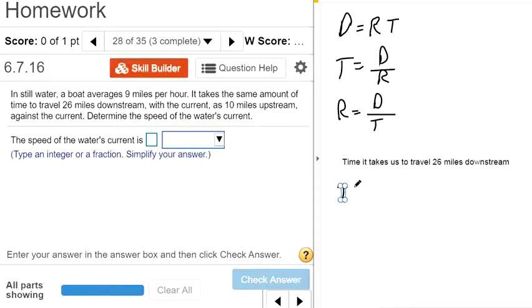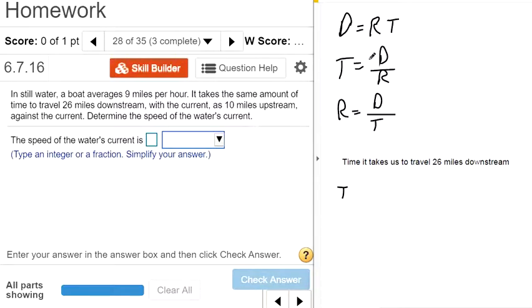So we want to know time. How long does it take us? It tells us that it takes us the same amount of time to travel 26 miles downstream as it does to travel 10 miles upstream. So at some point, t is going to equal t in another equation.